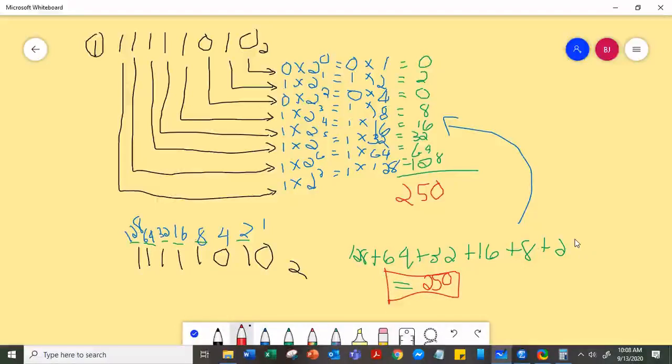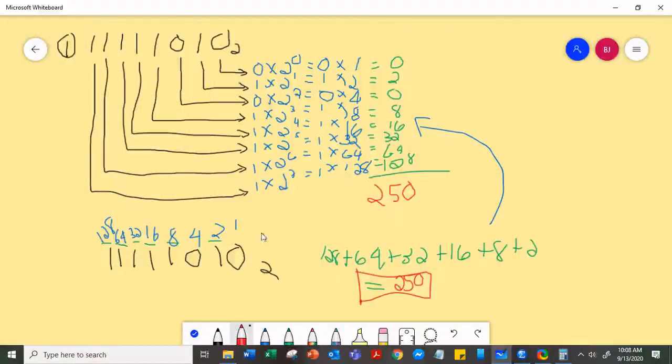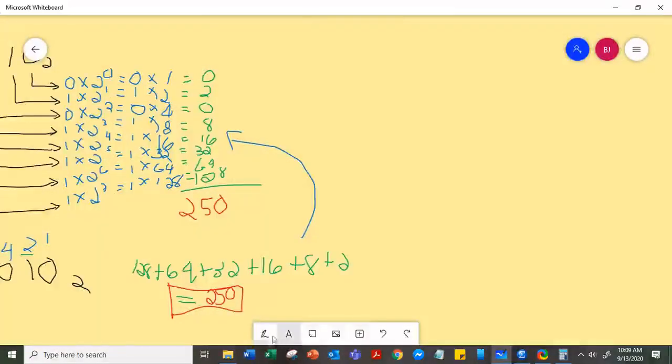So hopefully you understand how we were able to use the continuous addition by powers of 2 as a simplified version of the place value method. Let's do the simplified version with our other examples. So let's have our number 2 here.